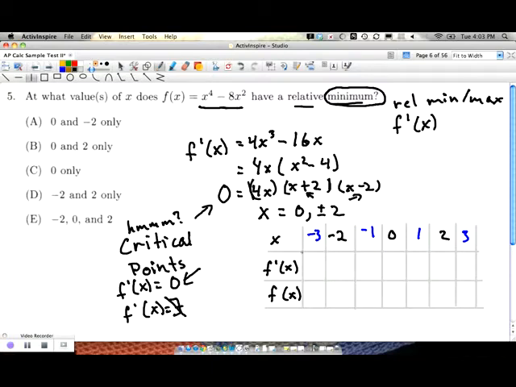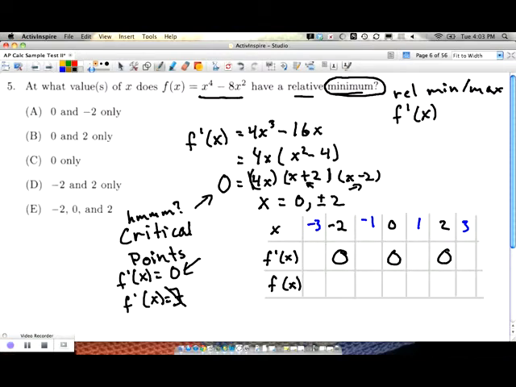Okay, so I know that at -2, 0, and 2, the derivative is 0. That means that those 3 spots are flat. Now I'm going to plug in these other 4 and see what happens.